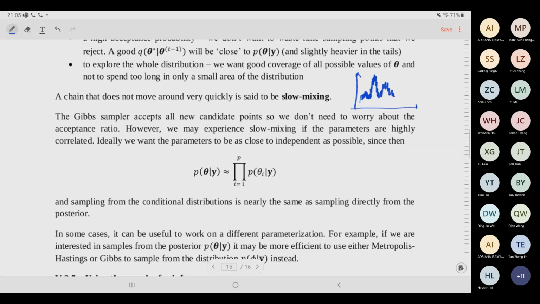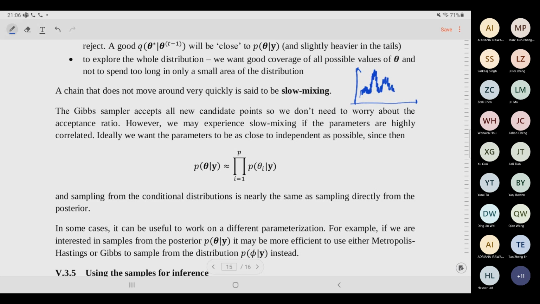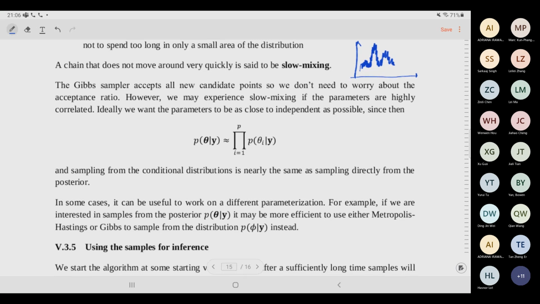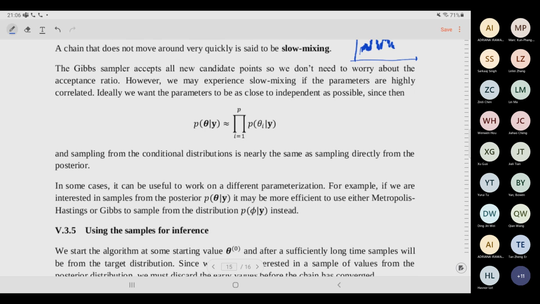So ideally, in theory, we want the parameters to be as close to independent as possible. But in practice, this might not happen. So how do we improve our Gibbs sampler? For example, we can use a transformation: if you use p theta, then maybe we can use p phi instead. There might be an advantage if you use a transformation on our parameters.